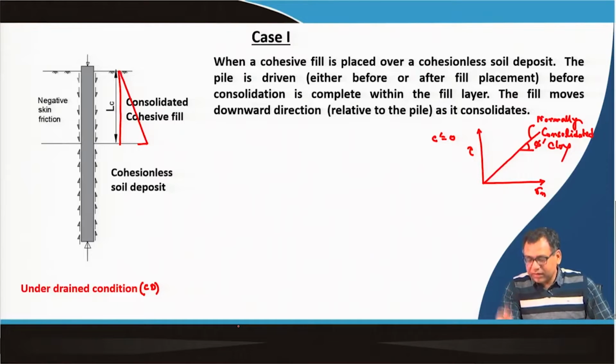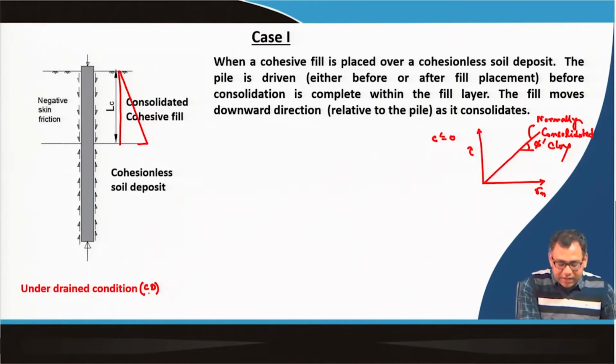So, for a CD test on normally consolidated clay, the cohesion value will be 0, there will be only friction values, and if it is an over consolidated clay, then there will be some cohesion value as well as the friction value. But here we assume that our field is a normally consolidated clay.